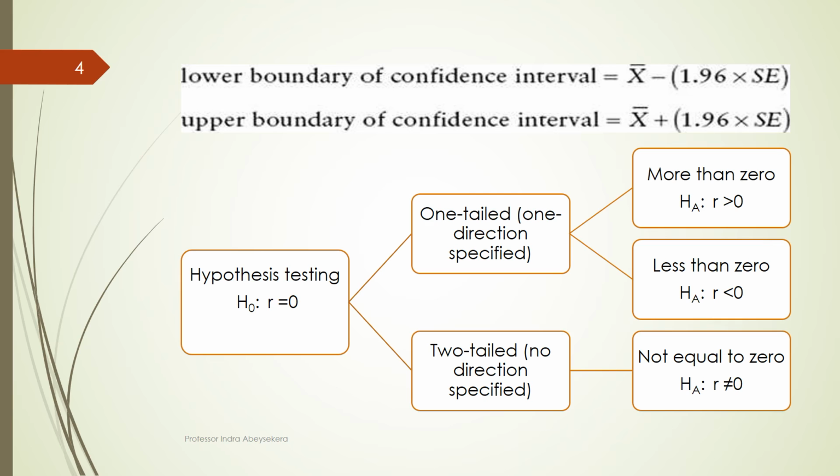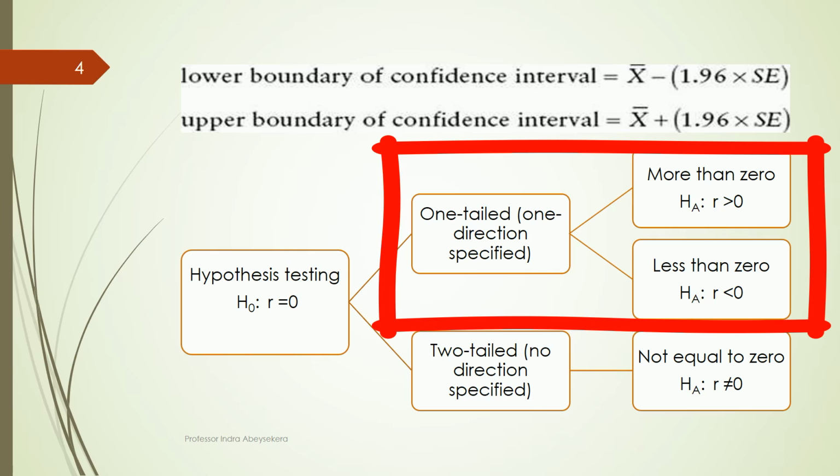Then it is a one-tailed hypothesis. That directional relationship could be that our observed value is greater than 0, that there is a relationship and it is greater than 0, or there is a relationship and it is less than 0.